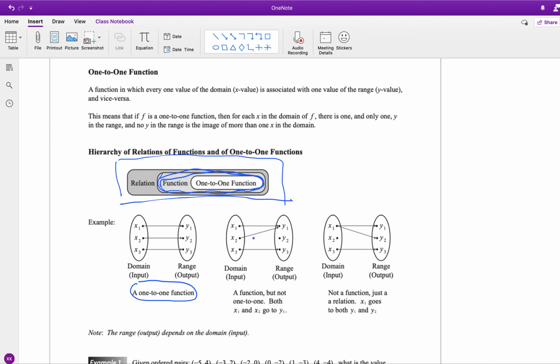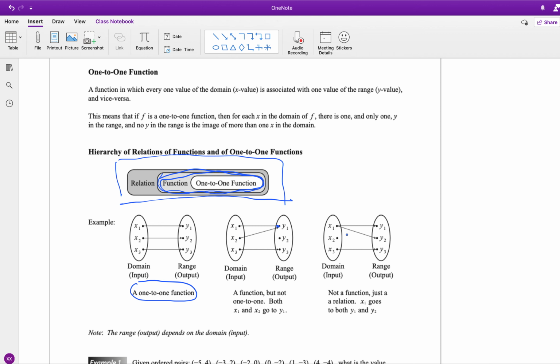However, now you have x1, you produce a y1, you have x2, you also produce the same y value. That is still defined as a function, but this is not a one-to-one. You have different x values producing the same y value, but this is still defined as a function.